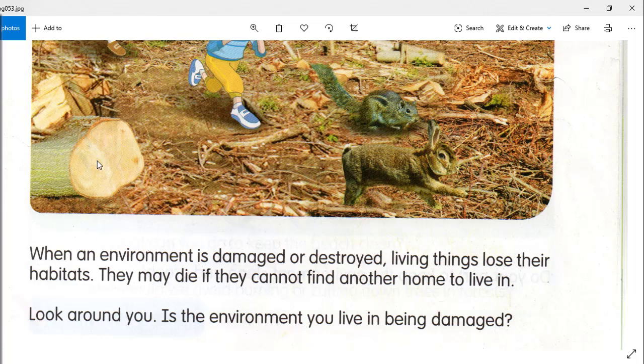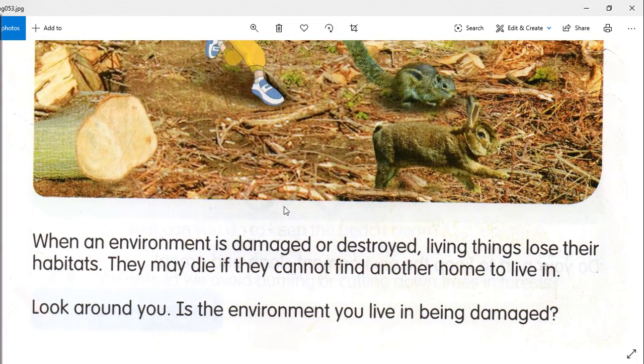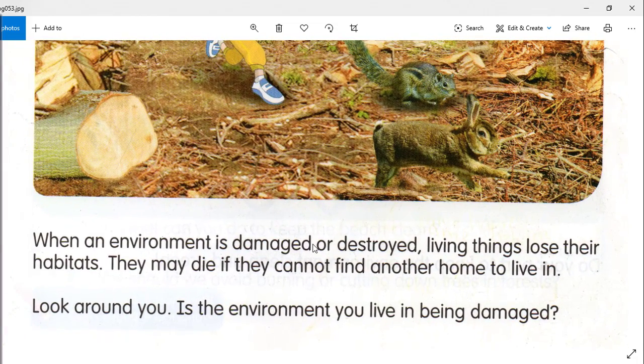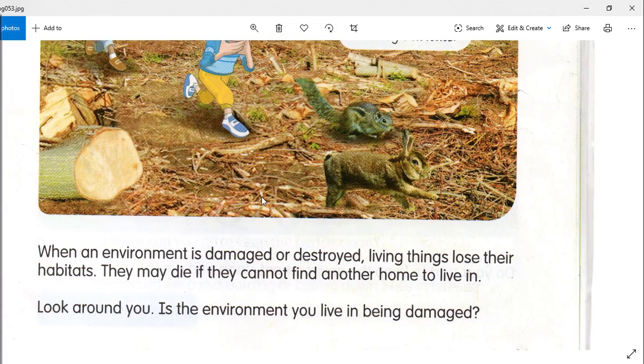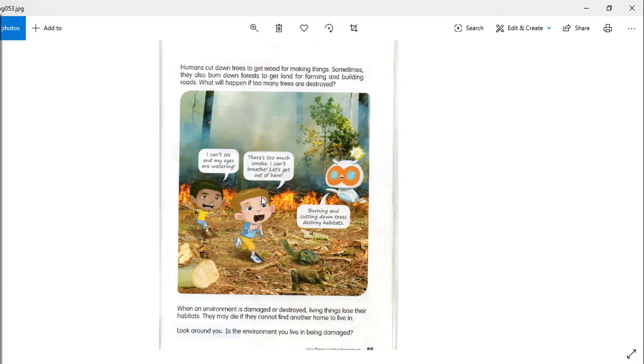But every place that we live in right now is a place where, in the past, the habitats were damaged and destroyed. Okay, so what can we do to reduce this kind of damage to our environment? We can look at another page.